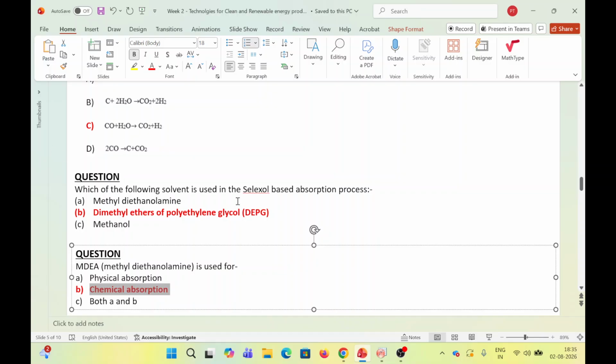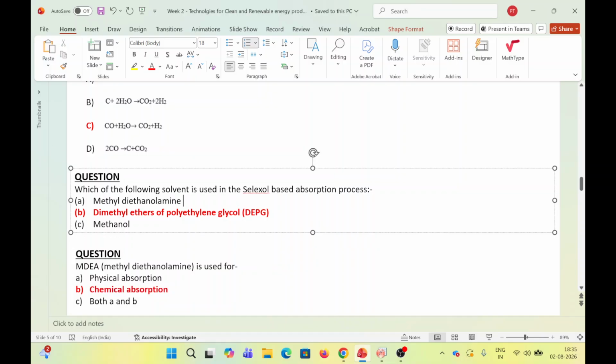Are they going to be physical or chemical absorption processes? Physical, yes. This one is chemical absorption. What about DEPG, also called Selexol? Physical. Physical absorption.